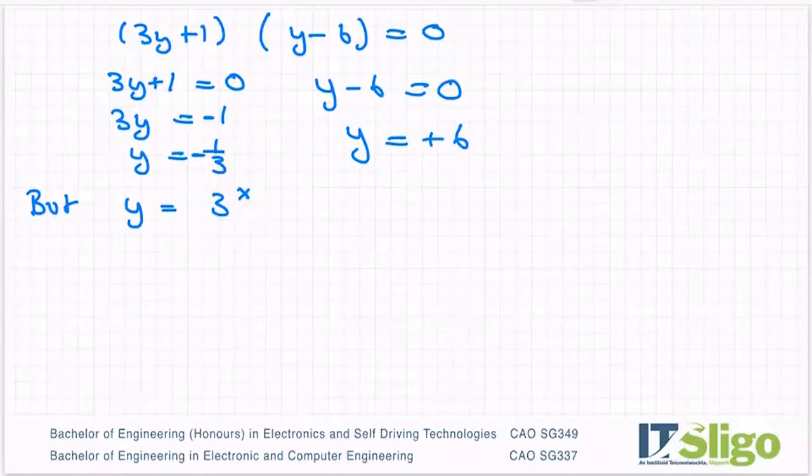Okay, and when what you need is in the power, you'll end up using logs. Okay, that's what logs are for. They let you get at the powers. Okay, so 3 to the power of x then is equal to my first y, minus a third, or 3 to the power of x is equal to 6.